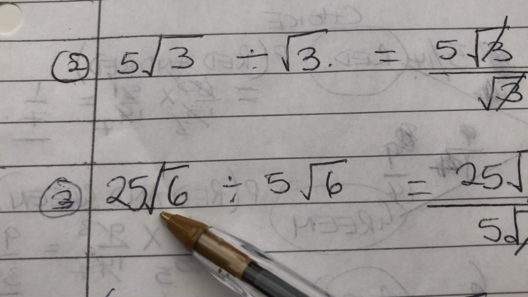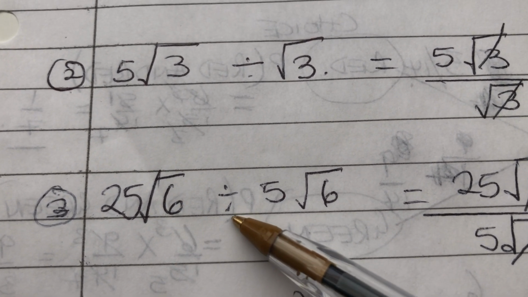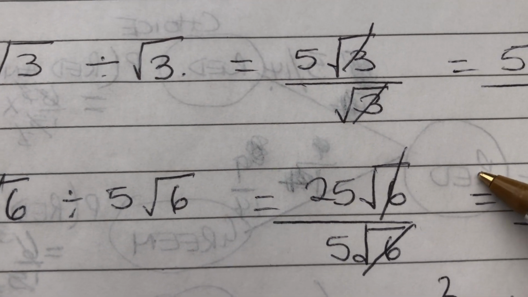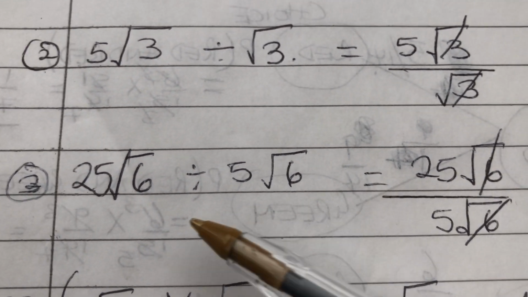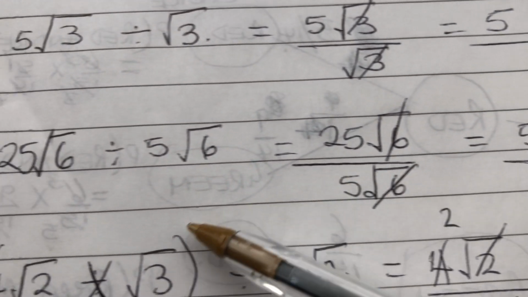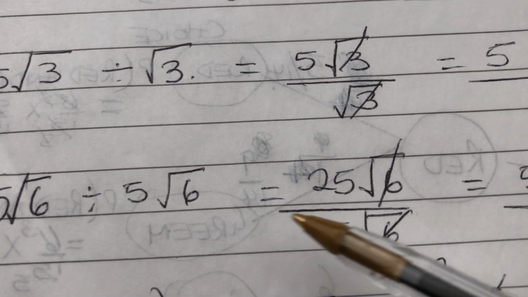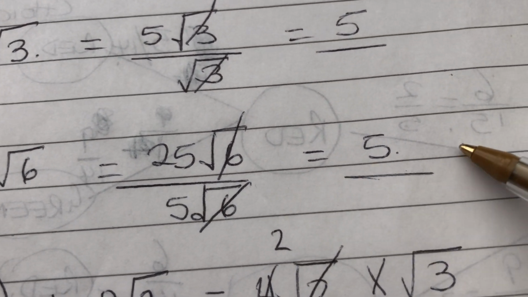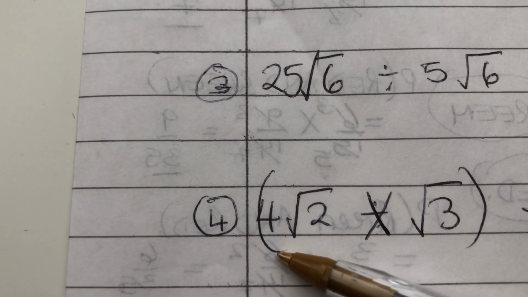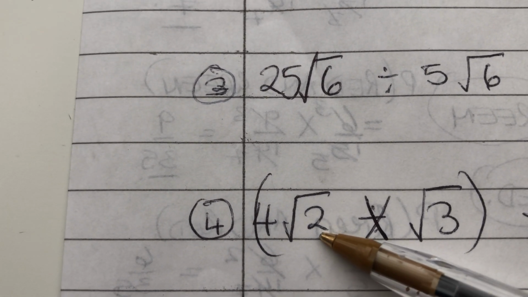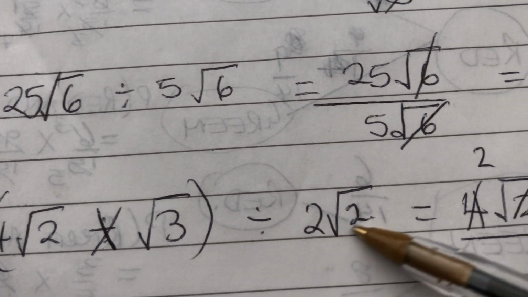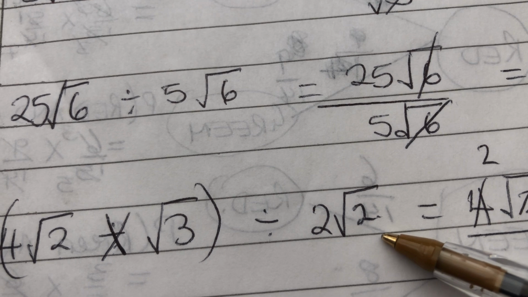Now, 25 root 6 divided by 5 root 6. You can either write it in this form, or 25 divided by 5 is 5, root 6 divided by root 6 is 1. So your answer is 5. Next, 4 root 2 times root 3 divided by 2 root 2.